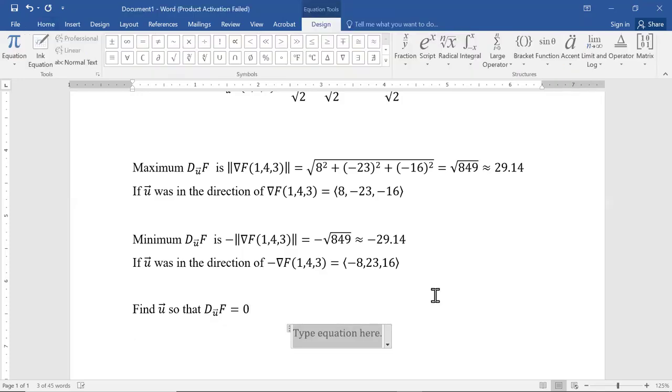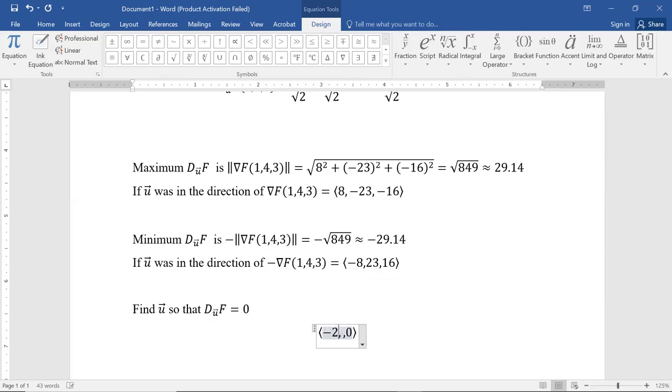One easy way you could do this is you could take 8, negative 23, 16, and I'm just going to give a 0 for the third component.